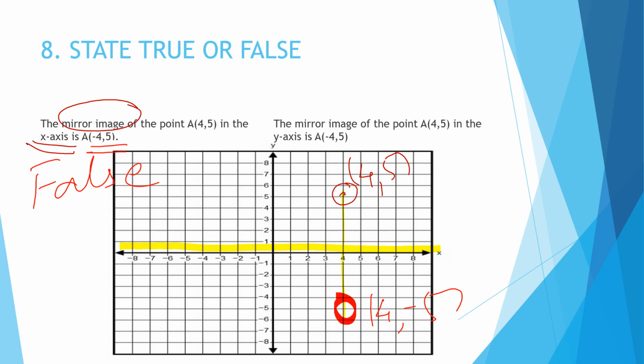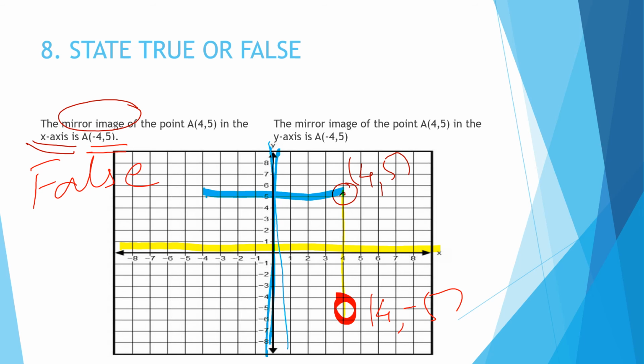Look at the second statement. The mirror image of 4 comma 5 in the y-axis. Corresponding to your y-axis, what will be the mirror image? Look at the same distance, 4 units.